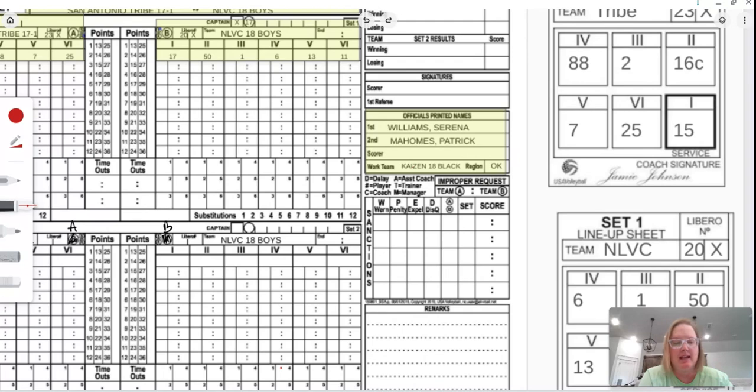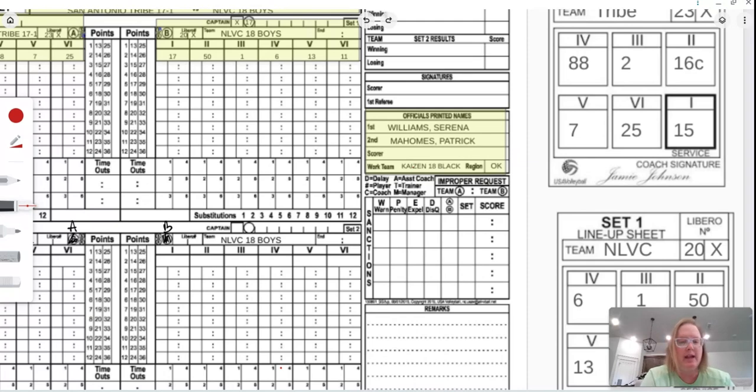Okay. And again, if it's a player that's on the court that is being disqualified, they have to be substituted out immediately. Okay. Note that expulsions and disqualifications do not come with a penalty point. Okay. All that's happening is somebody is being removed. Okay. So those are your 4 types of sanctions.